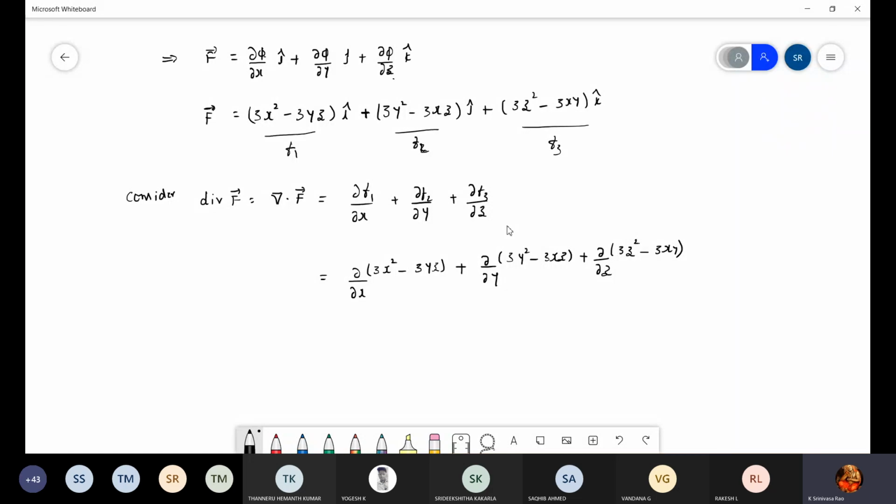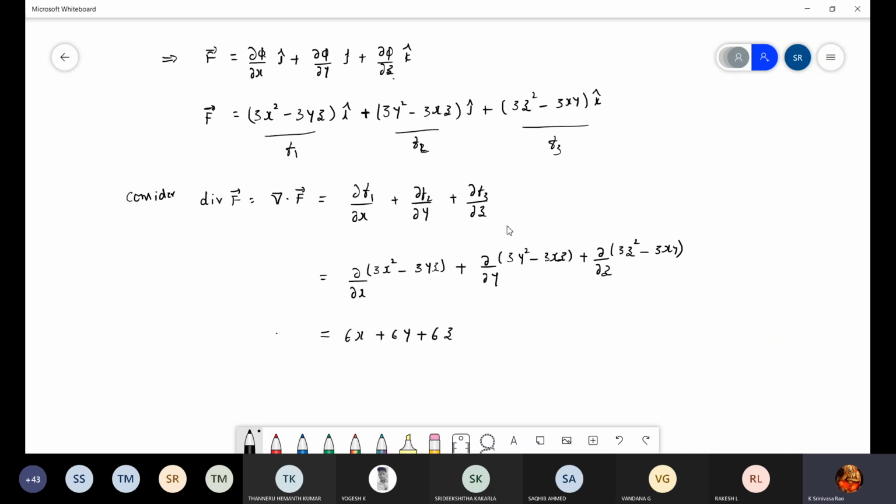Okay, so that is equal to, differentiate: 6x partially with respect to x, plus 6y, plus 6z.